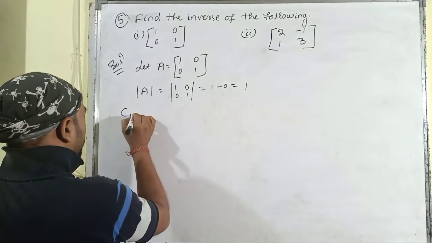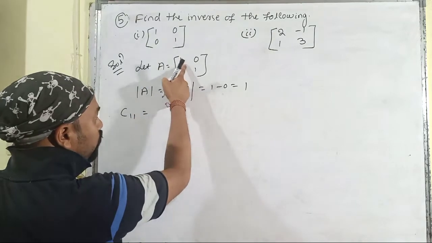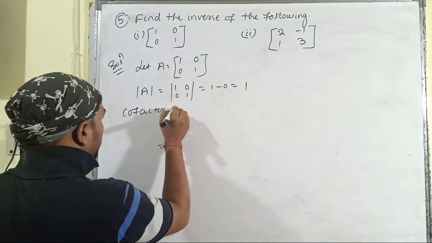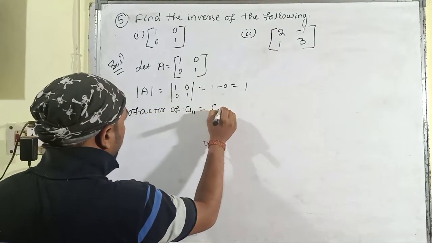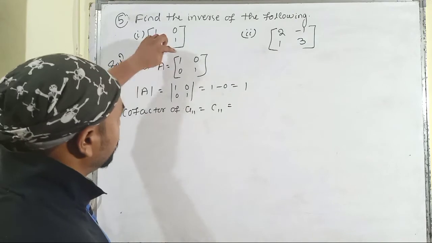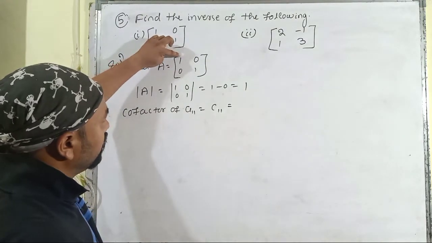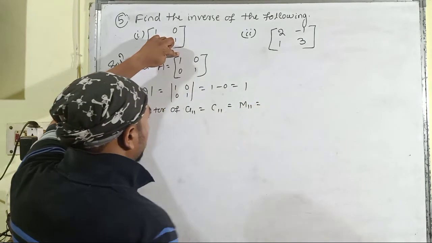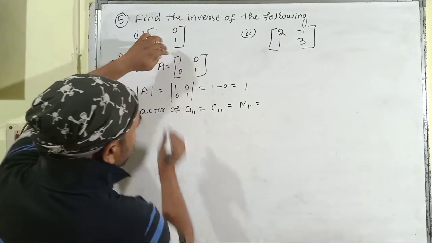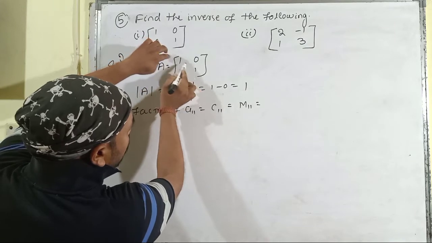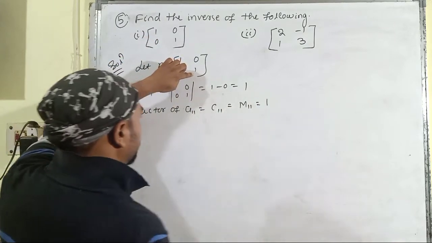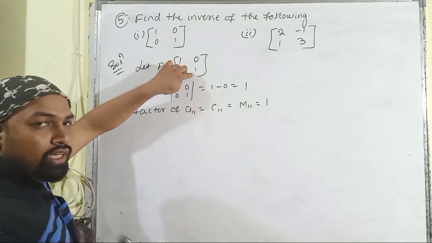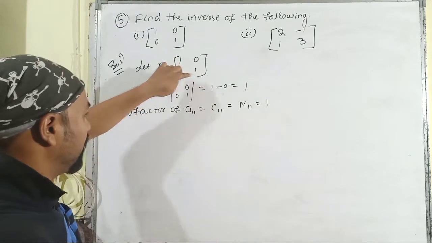So first of all, the cofactor of A11 is C11. Then C11 will be equal to M11, that means it will be equal to the opposite corner value, that is 1. And it carries a positive sign because the sum of 1 and 1 is 2, and it is an even number.